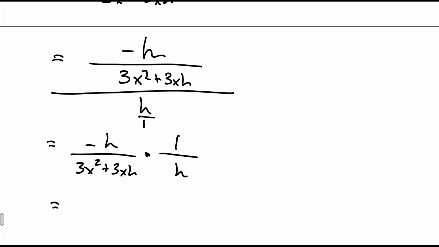Well, the cool thing about this is that your h's cancel out. And all you're left with now is a negative 1 over 3x squared plus 3xh. And that right there would be your difference quotient for 1 over 3x. So that would be your final answer.